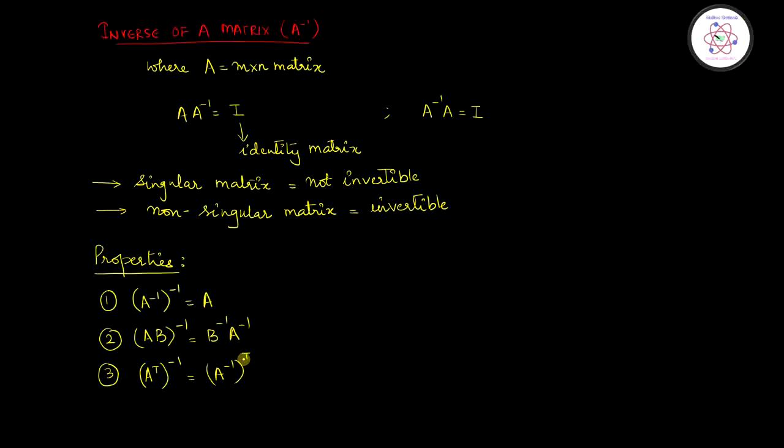So let us look at how we can determine if a matrix is invertible or not. Let me consider a matrix. Say matrix A is a square matrix with the elements of the matrix as A, B, C and D. This matrix is invertible if AD minus BC is not equal to 0.